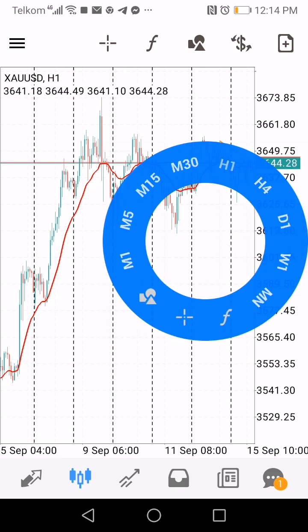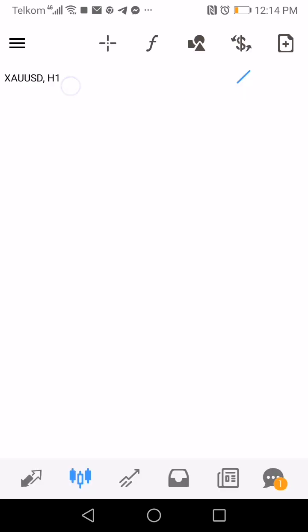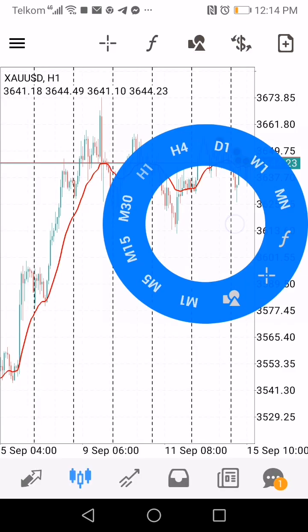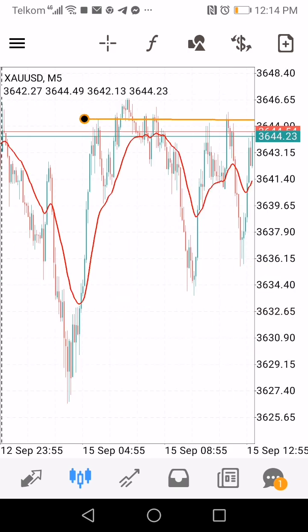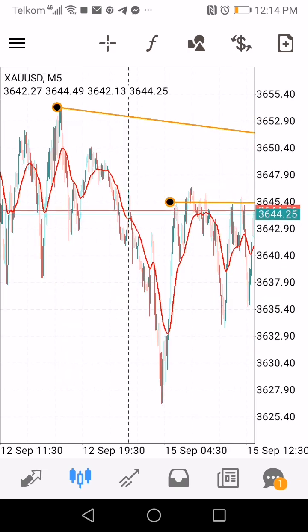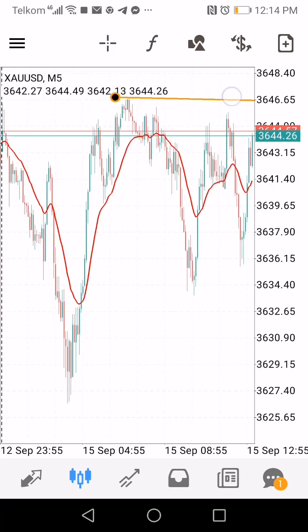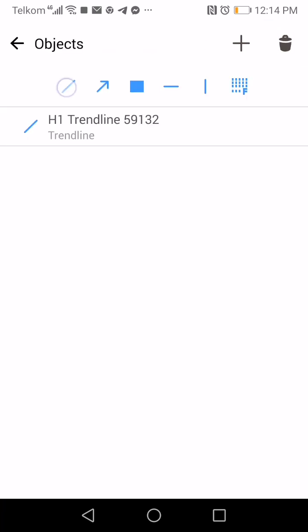So this is going to be what? 5 minute A point to B point. It's a 5 minute trendline. I guess we can draw a 5 minute trendline around here. We are drawing from A point to B point. See, are you guys following together? Do you understand what I'm trying to show here?